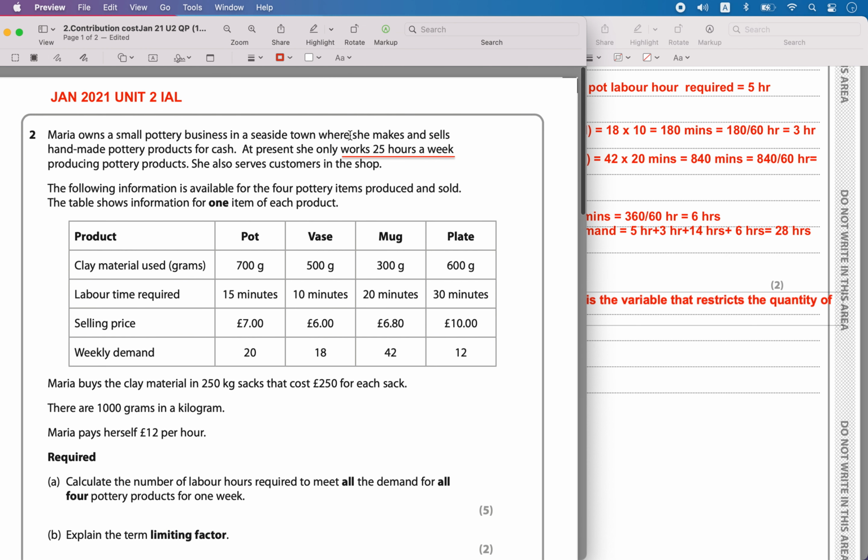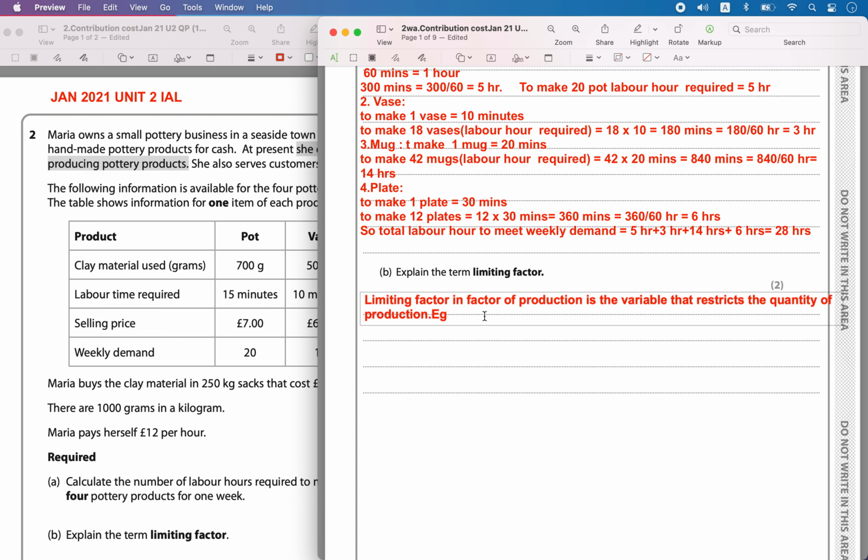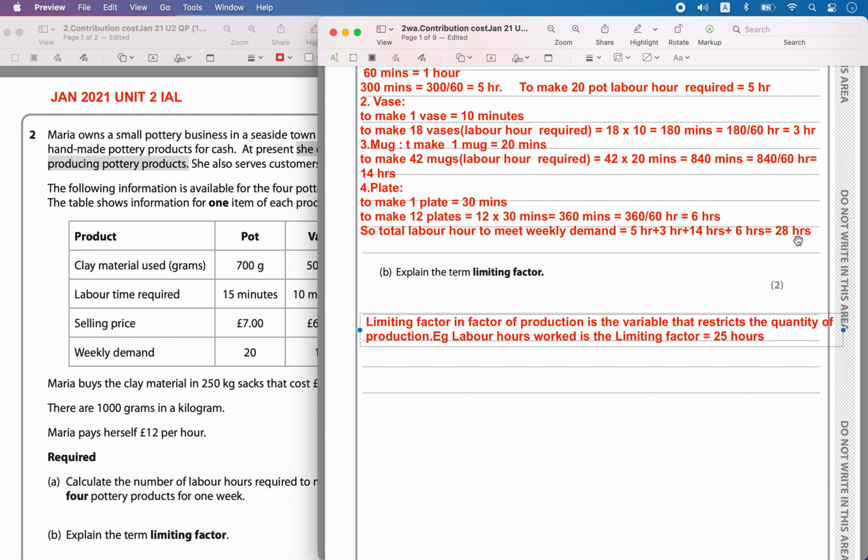For example, here she says that she works only for 25 hours producing pottery products. So here the labor hours worked is the limiting factor, which is equal to 25 hours only she can work. That is our limiting factor.